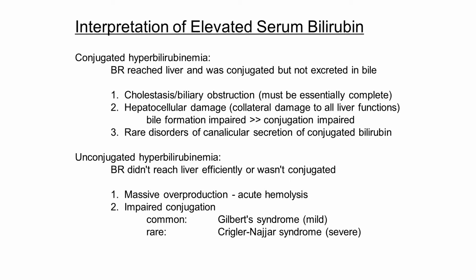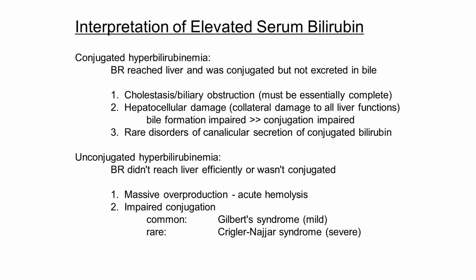This can be due to several conditions, including massive overproduction of bilirubin from acute hemolytic processes, or diseases like sickle cell disease that has increased hemolysis. There are a lot more red blood cells dying and being destroyed, and therefore a lot of hemoglobin moiety that will supply bilirubin production.